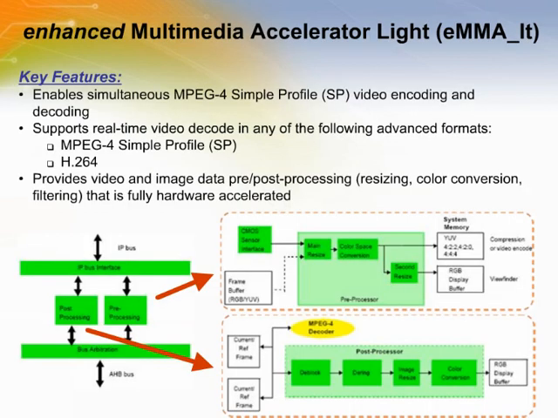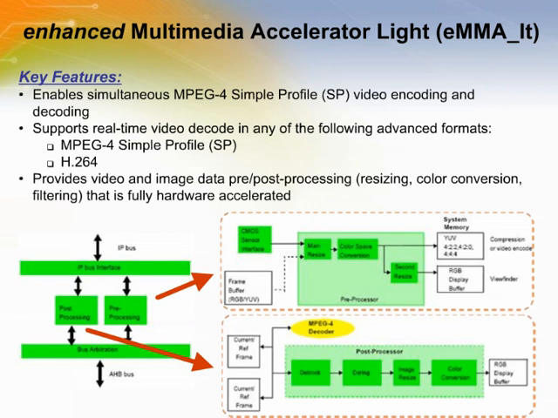The i.MX27 processor comes with an enhanced multimedia accelerator Lite, the eMMA_IT, which comprises independent pre-processing and post-processing stages that provide exceptional image and video quality. The eMMA_IT represents a major breakthrough to solve the problem of high MIPS required for video encode and decode operations in mobile and wireless applications.